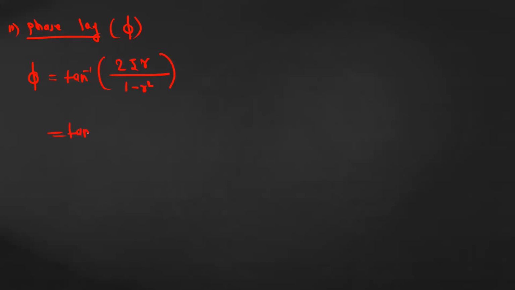So this is tan inverse of 2 times the zeta value, which is 0.2, times R, which is 2.69, over 1 minus 2.69 square. Okay.